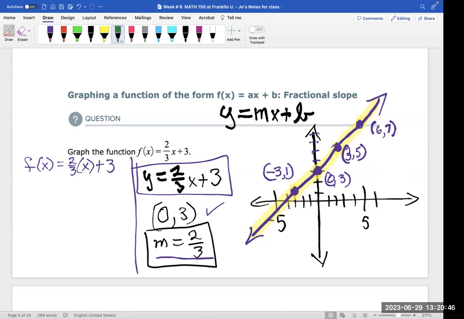To plug it in and to use this notation, f of 0 equals 2/3 times 0 plus 3. 0 plus 3 is 3.